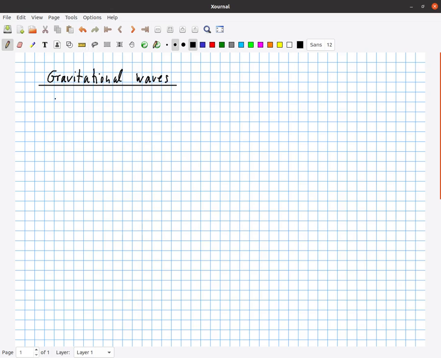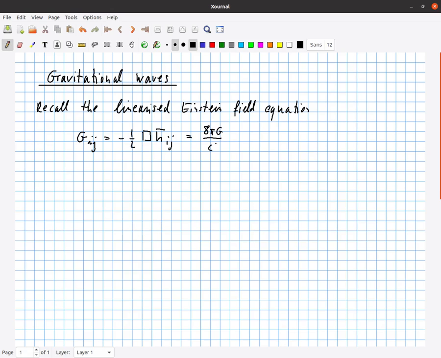To begin, we just recall our linearized Einstein field equations. These were G_ij equals minus a half box h bar ij equals 8 pi G over c to the 4 T_ij.